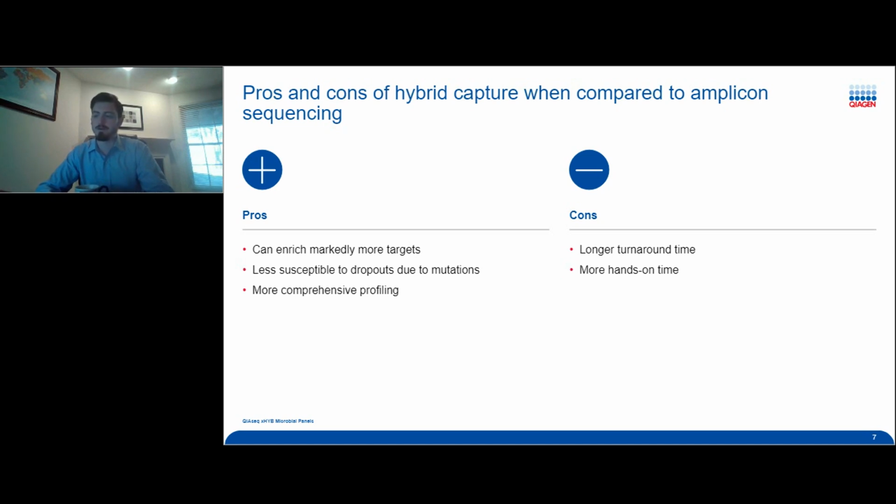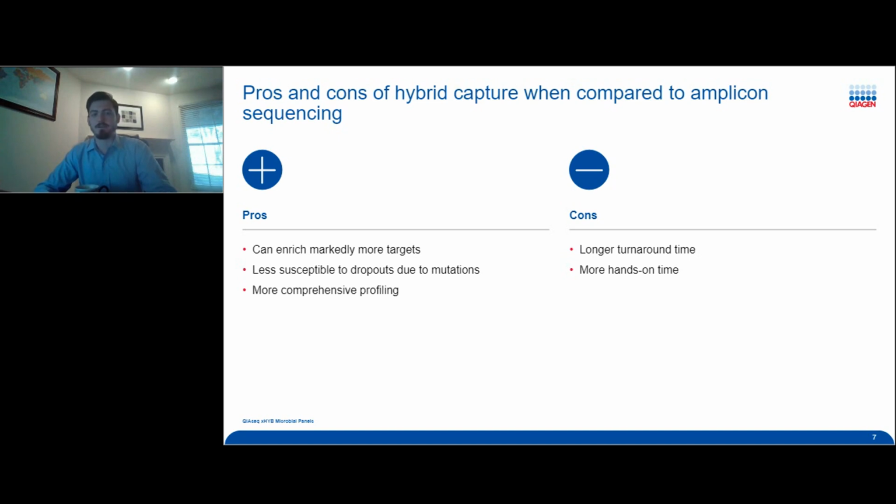You may be familiar with the Arctic network SARS primer panels, where they're currently on V4.1, which is actually the fifth version of the Arctic panel that they've had to redesign several times due to new variants of concern. With a hybrid capture panel like this, you're less likely to have that sort of issue. And these larger probes allow for much more comprehensive profiling.